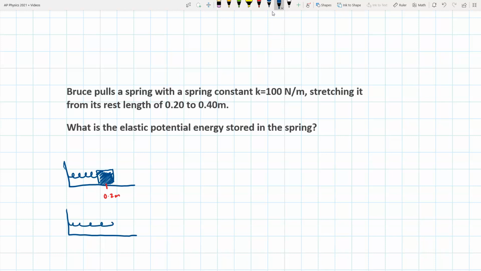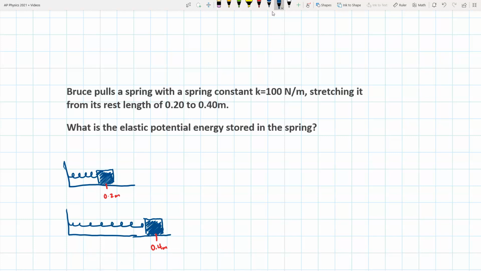The spring gets stretched out to 0.4 meters. All right, and we want to find, from when it's happy right here to when it gets stretched this extra little 0.2 meters, how much potential spring energy gets stored in that spring.